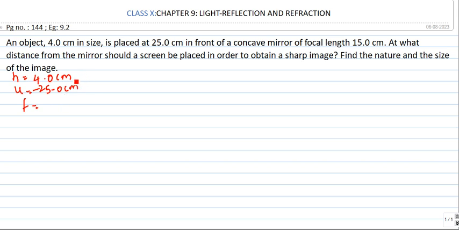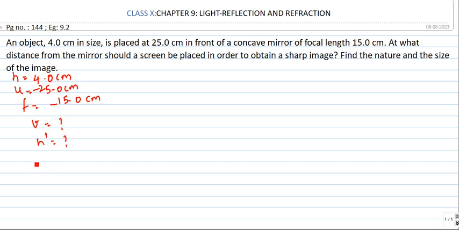Yes, and f is 15 centimeter, which is also negative because this is a concave mirror and the principal focus f will be in front of the mirror. So these three things we have, and we have to find v and the nature and size, for which we should be finding h dash.